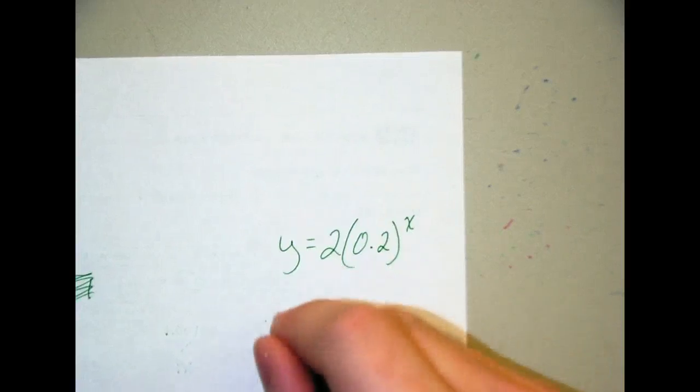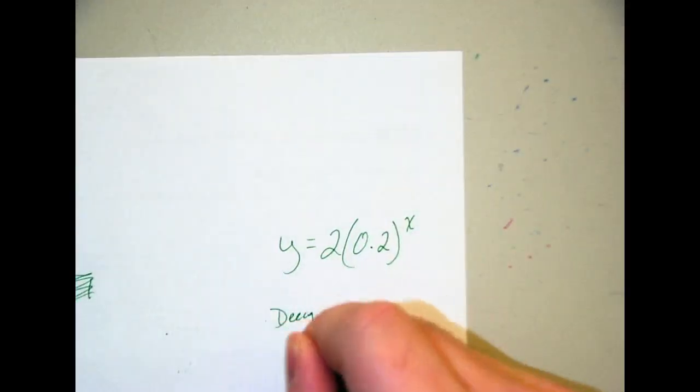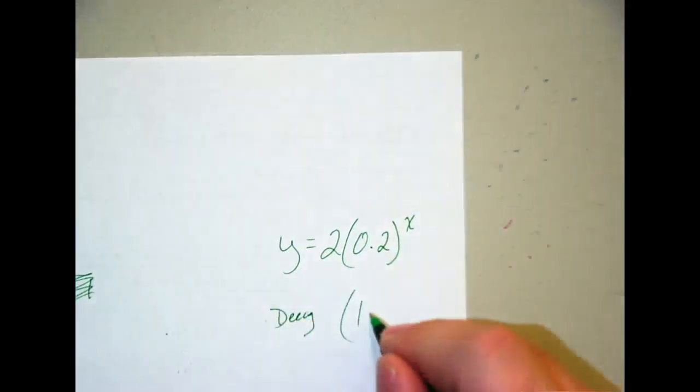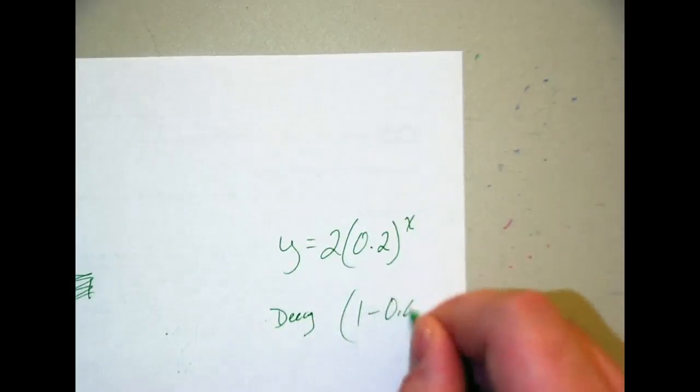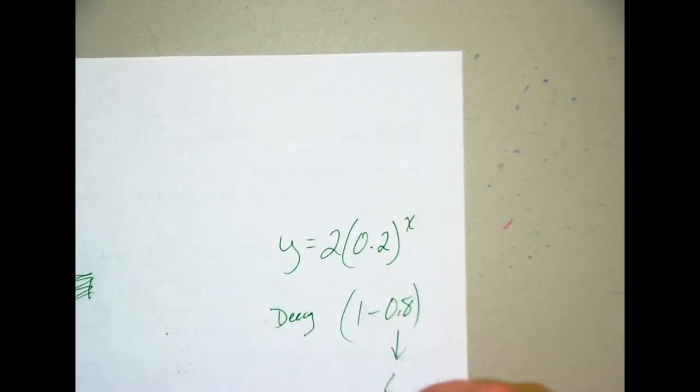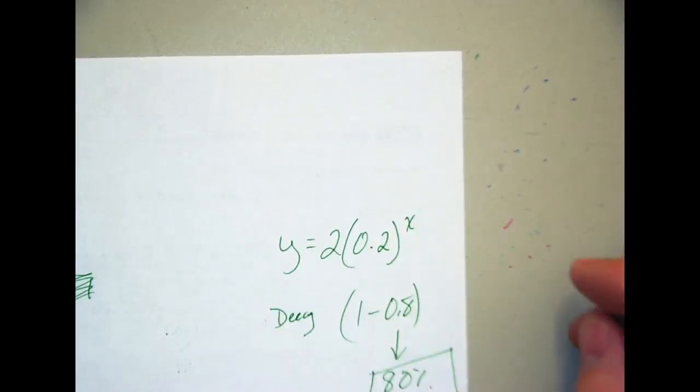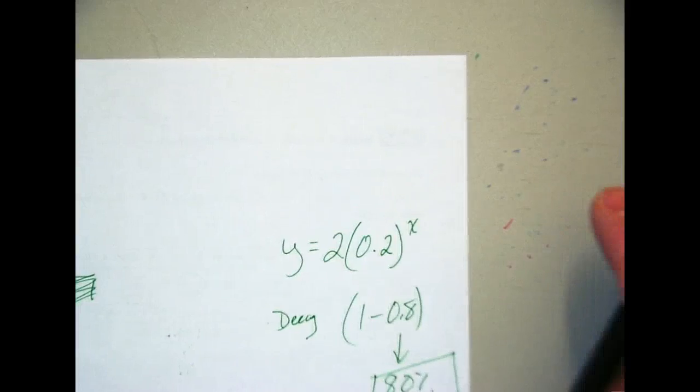Decay. Very good. So we're decaying. We start at 1. How much are we decaying? 0.8. Okay, so this drops to 80%. 80% decay. Any questions there?